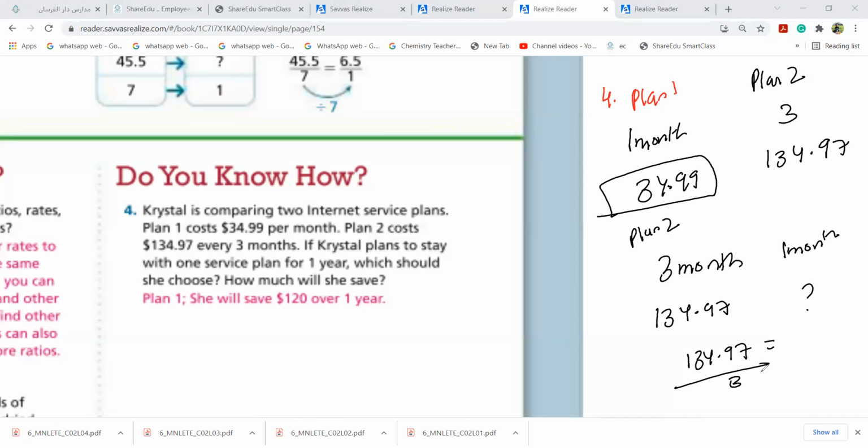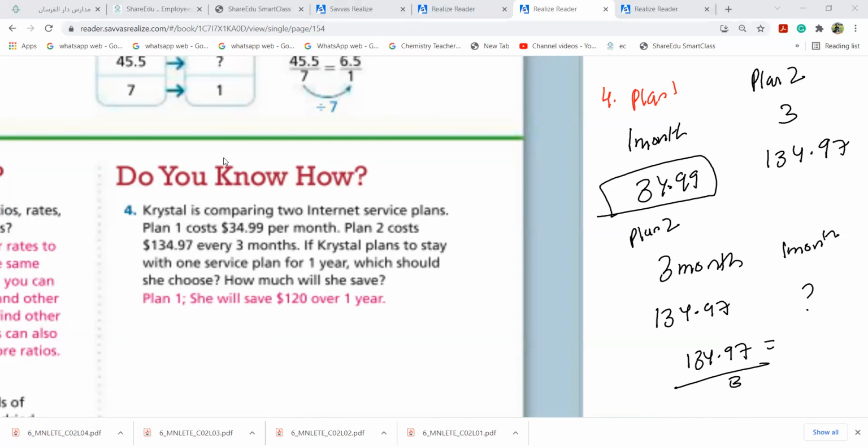Girls, can you tell me when you divide this with the calculator? 134.97 divided by 3. You get 44.99.